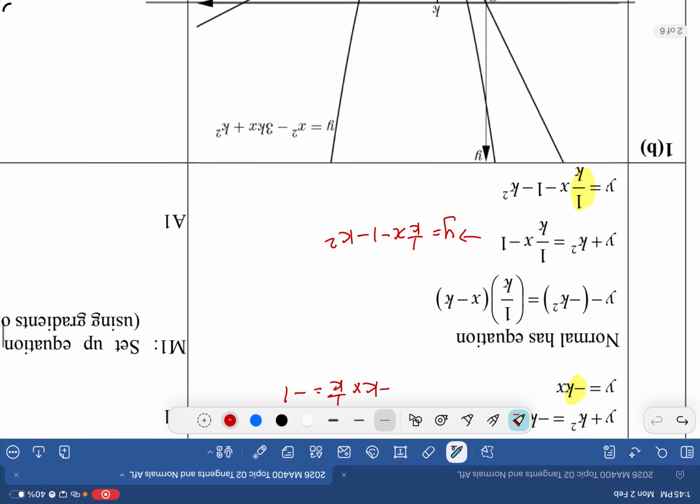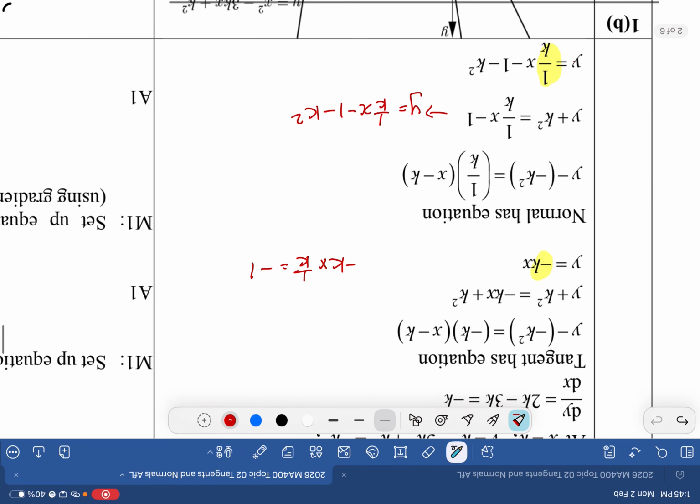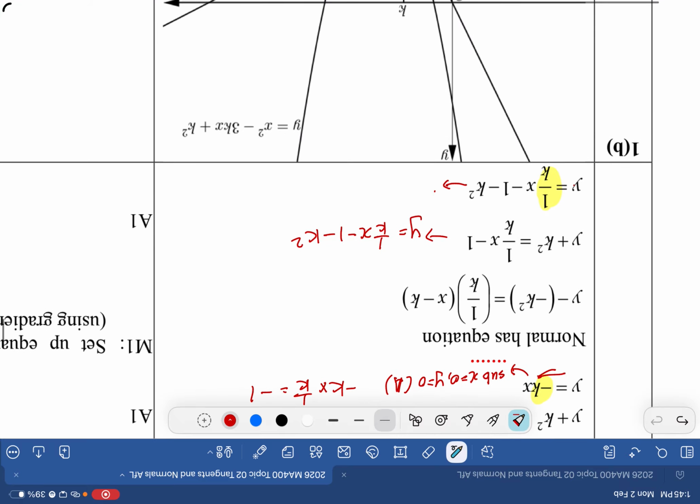Here and here. Now, this is the coordinate 0, 0. This is the coordinate. So I just look at this, because I'm finding this triangle here. Can you see? Half times base times height. Oh, the height is a bit easier now.